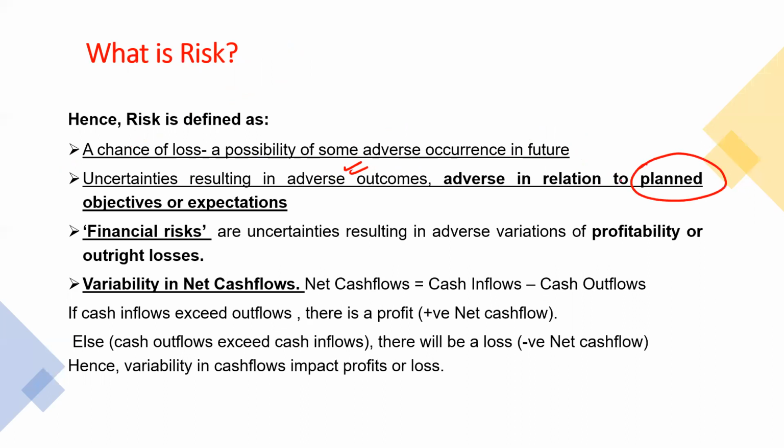To what we had planned. So if it was better than what I planned for, let us say I planned for only 70% marks and I get 80%, this is no risk. When it is something less than what I had planned, when it is adverse in relation to my planned objectives, my planned expectations, then that is what is risk.